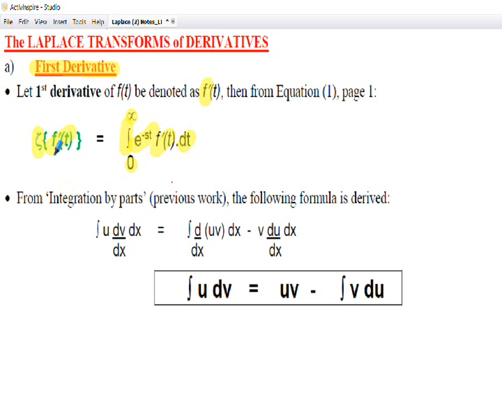Now, to undertake this integral, we actually need a process called integration by parts, because what we have in this integral are two functions of t multiplied together, the e to the minus st function, a function of t, and the first derivative of t, of course, is a function of t. So to actually undertake this integral, we need integration by parts, a technique that you may not have come across before.